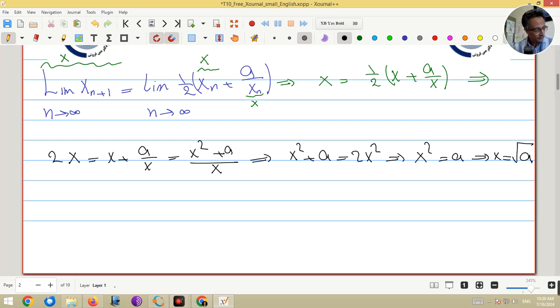So this is the first part of the problem, and in fact we showed that the sequence converges to the square root of a.